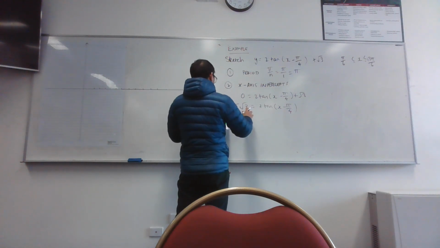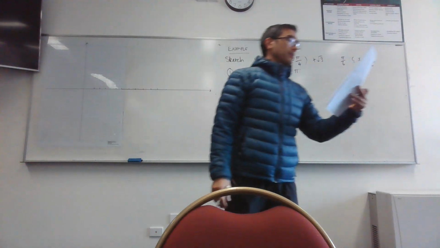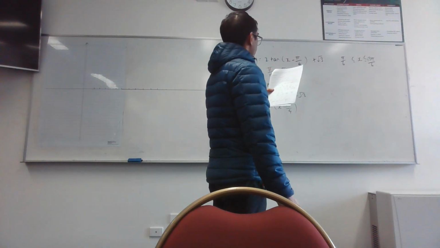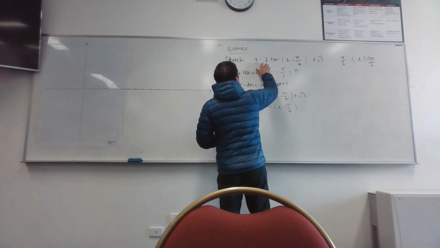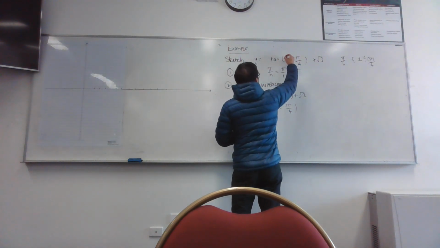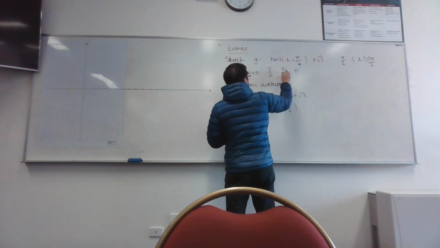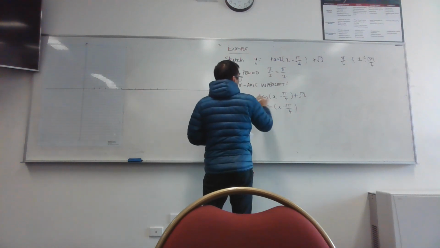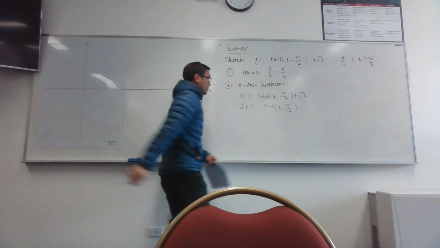Now, hopefully I haven't made a mistake here. I've made a mistake in the question. My bad. That should be here. Therefore, this is a pi on 2. Okay, my bad.